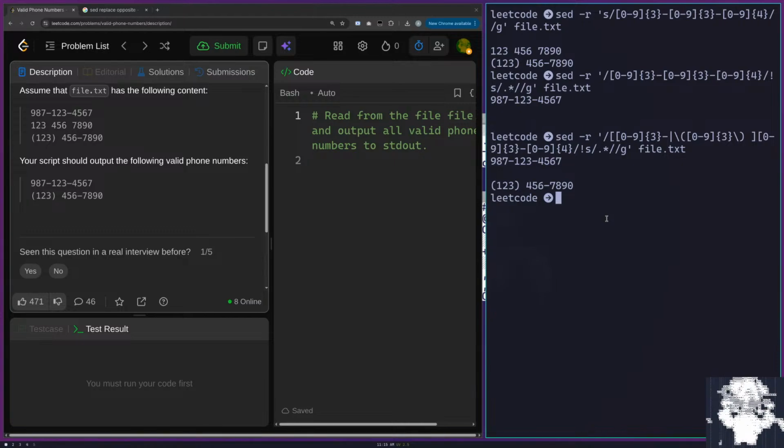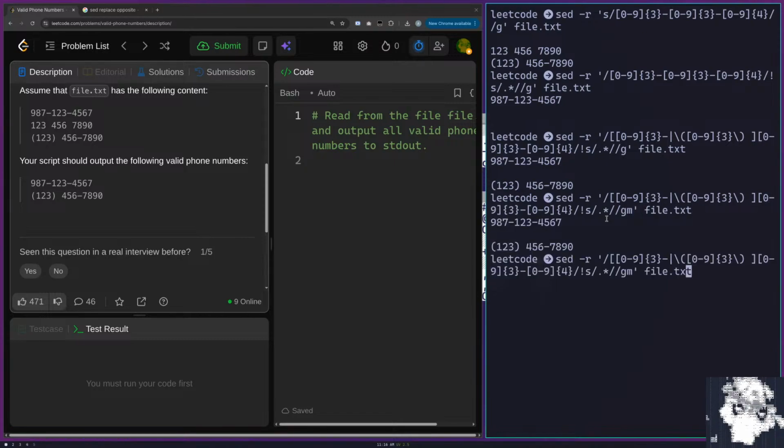Now I'm not removing the line, I'm only removing the text from it. So can I say, if I put an M here? No, I was thinking that might make it multi-line and then not care about ends of lines.